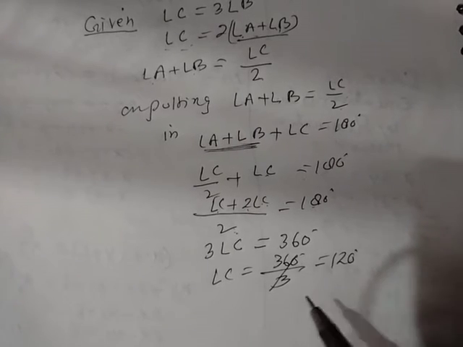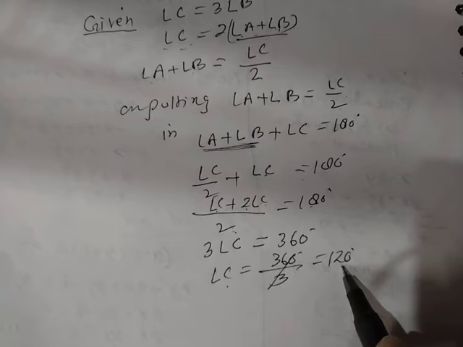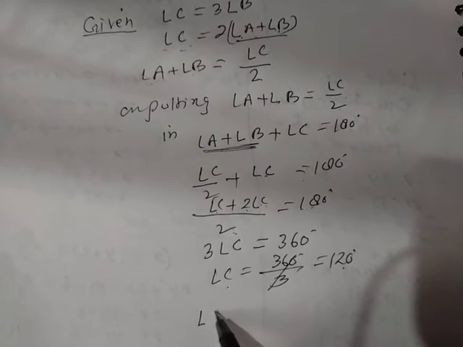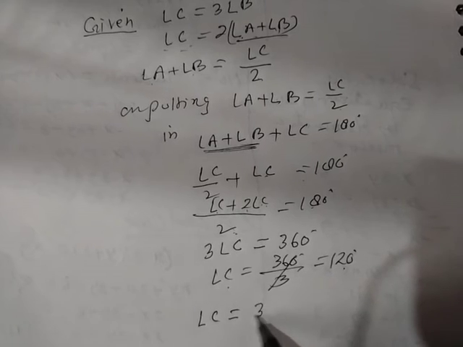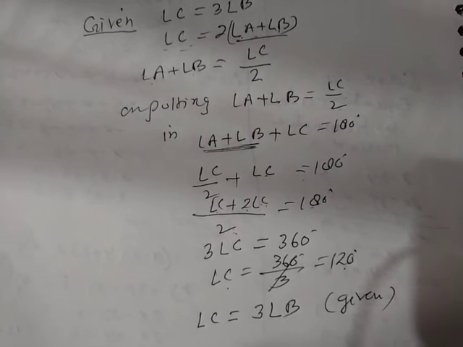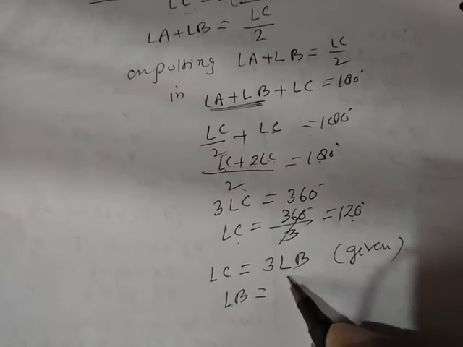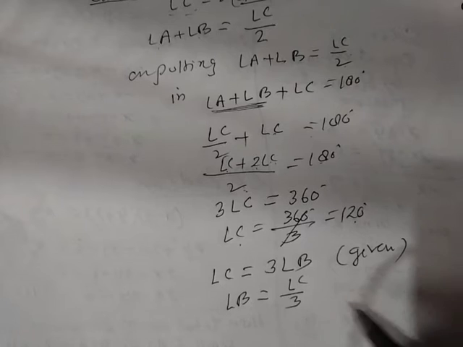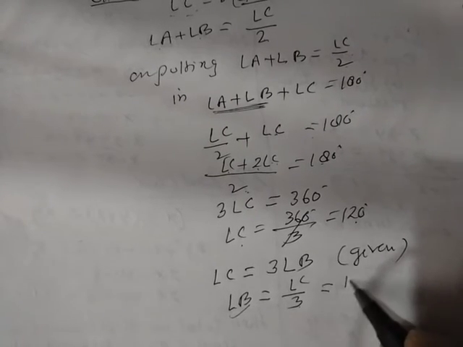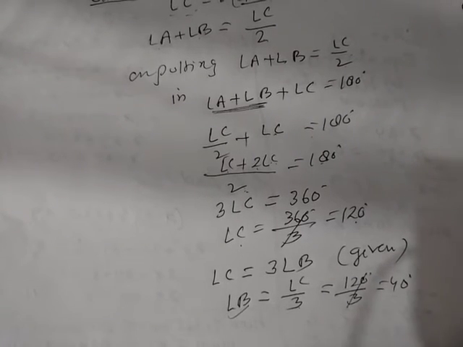Now angle C equal to 120. Angle C equal to thrice angle B is given. Then angle B is equal to angle C by 3, that is 120 by 3, that is 40 degrees.